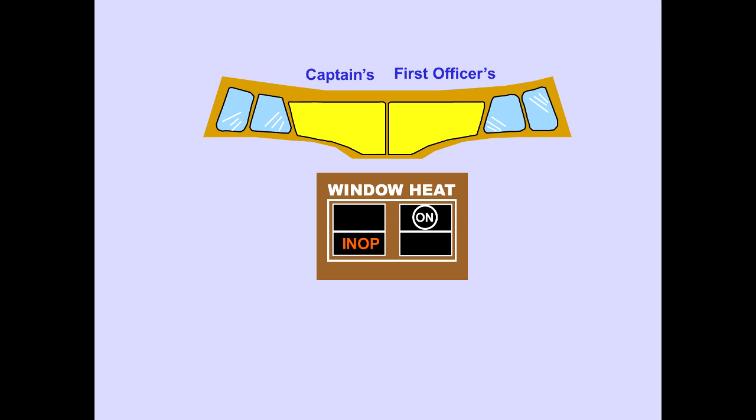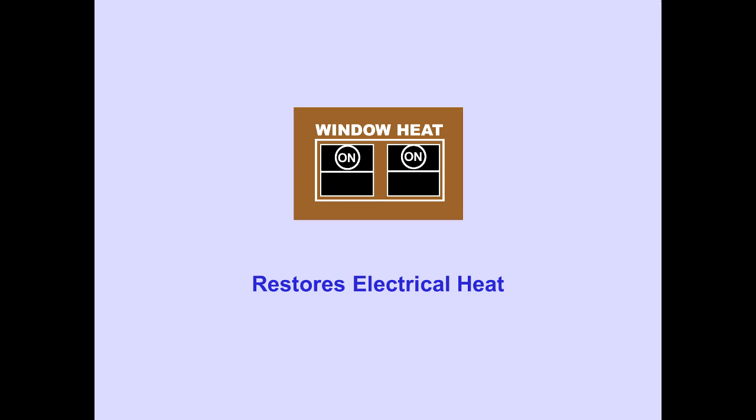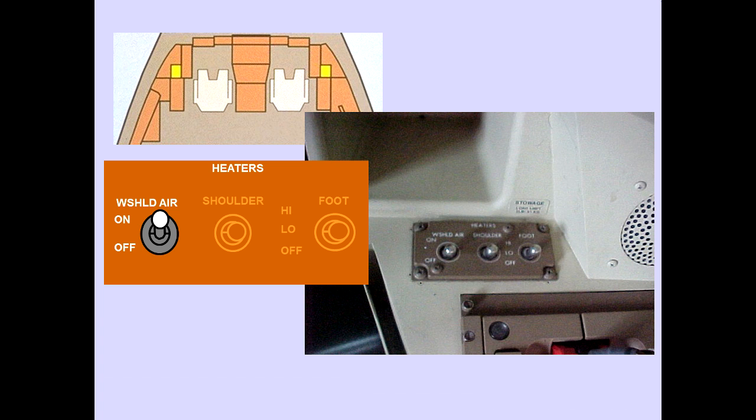Pushing a window heat switch off resets the window heat system. After a 10-second cool-down period, pushing the respective window heat switch on restores electrical heat. Windshield air switches are located on the captain's and first officer's auxiliary panels.